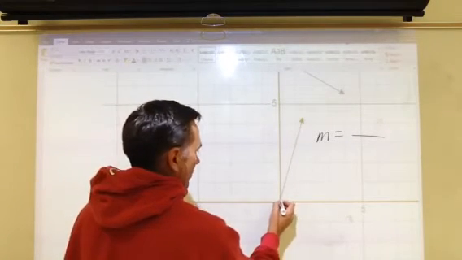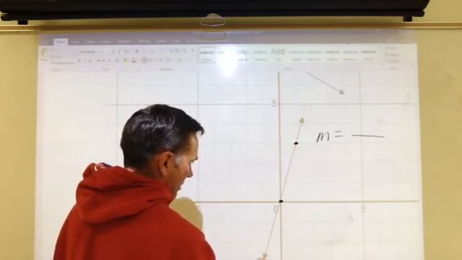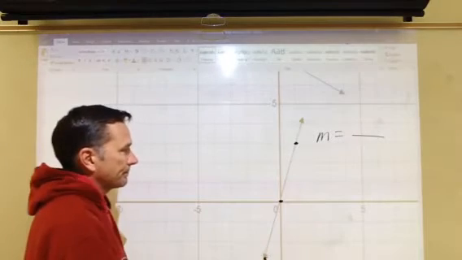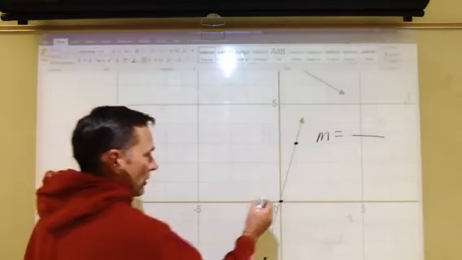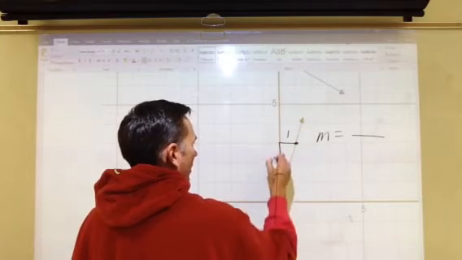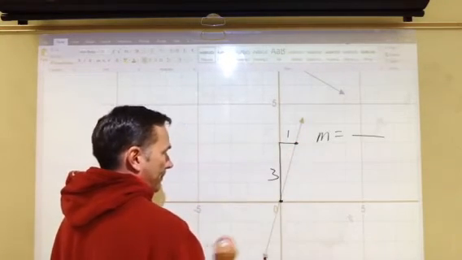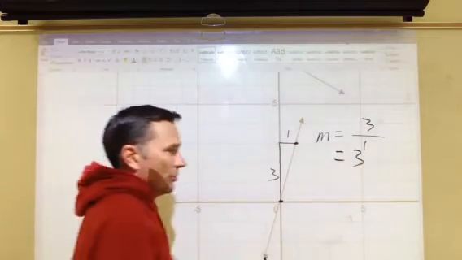I see that it's going through this point here, that point there, that point there. So that's where it's crossing the corners of the grid. In order to calculate that, I'm going up 1, 2, 3 units and over 1. So my slope is 3 over 1, or just 3.